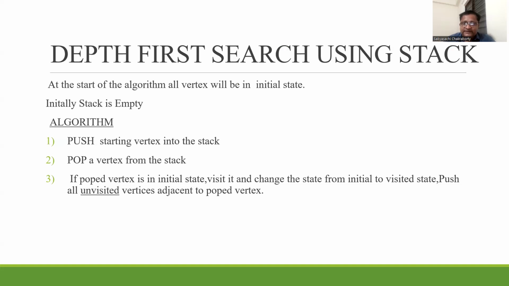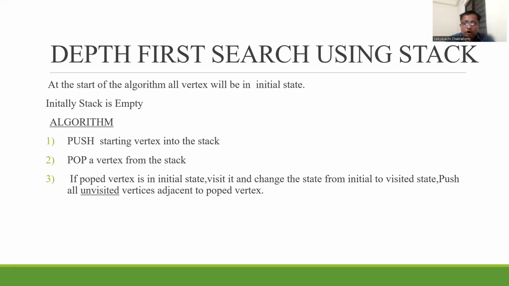We will take the descendant adjacent vertices and push them into the stack, provided they are not visited yet, that is, they are still in the initial state. If the popped vertex is in the initial state, visit it and change its state from initial to visited.